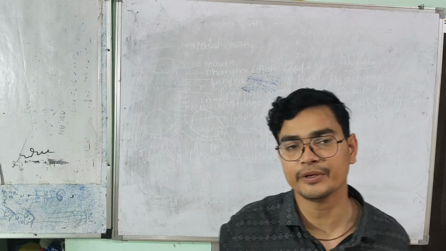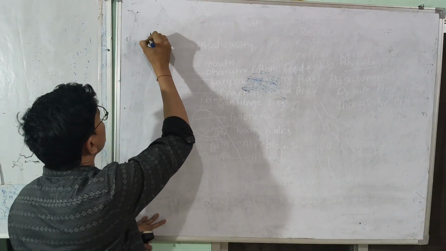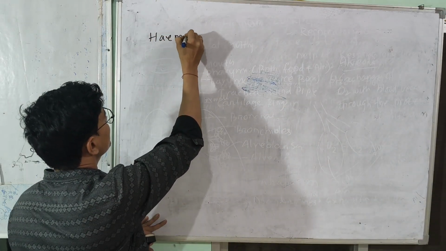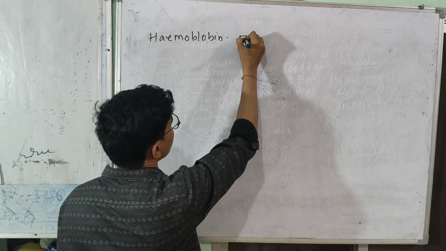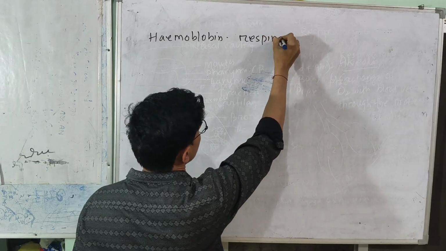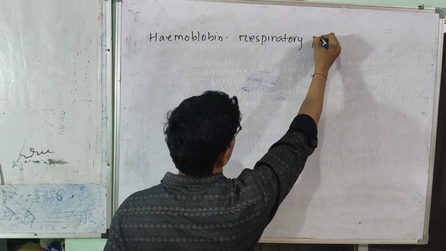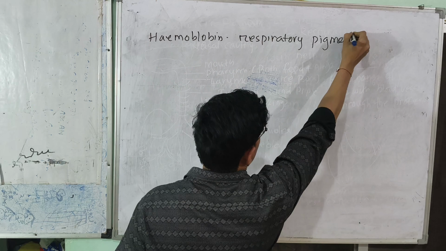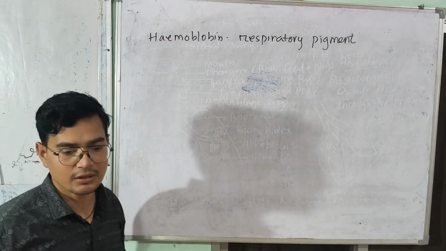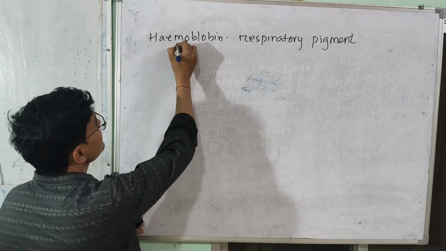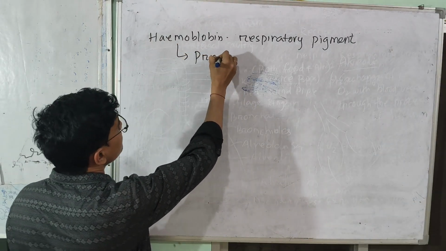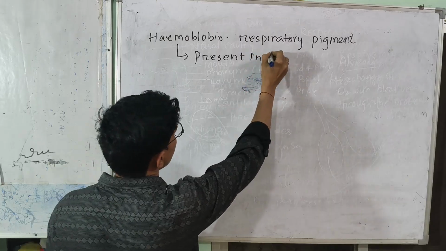Hemoglobin is the respiratory pigment. Hemoglobin is the respiratory pigment present in the RBC. Where is it present? Hemoglobin is present in RBC.